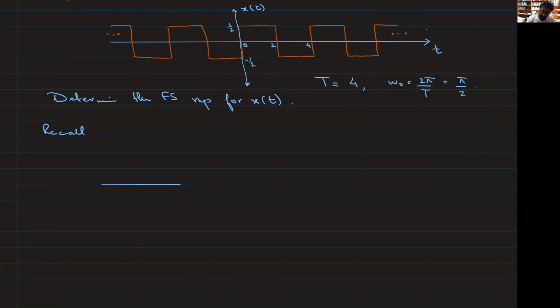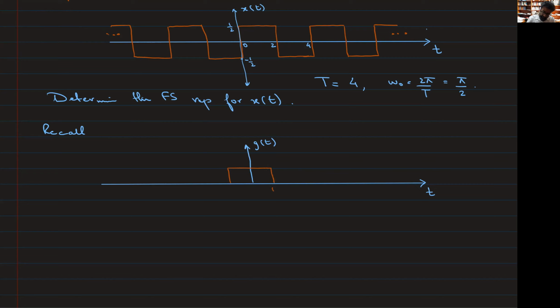Okay, if you have a square wave which looks like something like this, this is t, right? So we've actually determined the Fourier series coefficients of a square wave already. But that was slightly different. Let's say this is the square wave that we looked at, and this is what it was. ये था.